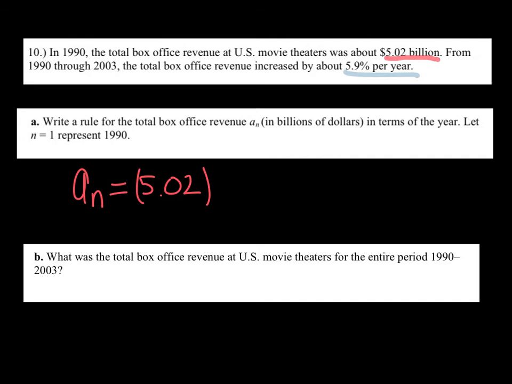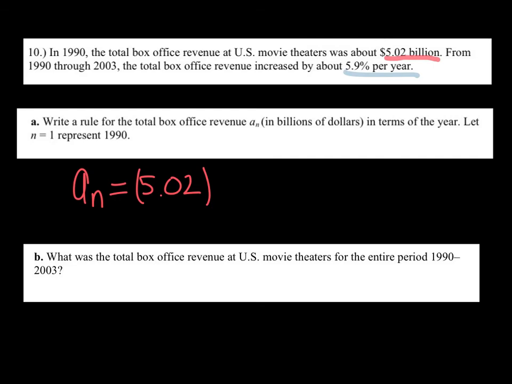And then we need to find the ratio. So we need to be careful. We've talked about this in the growth and decay unit. We're increasing in revenue, correct? So it's adding 5.9%. So it's a growth factor or a growth ratio.